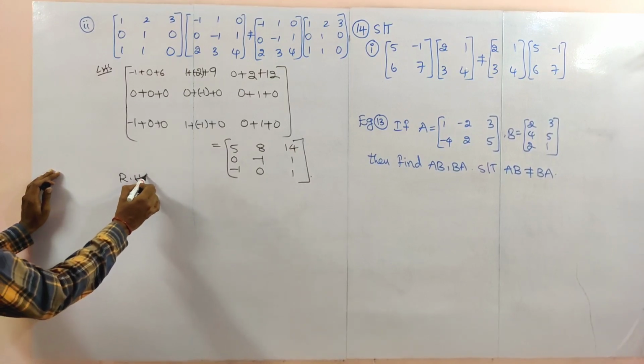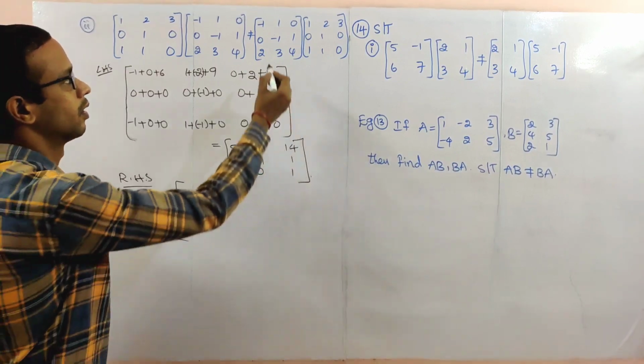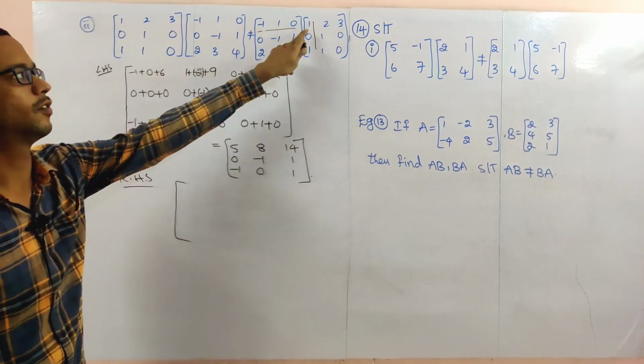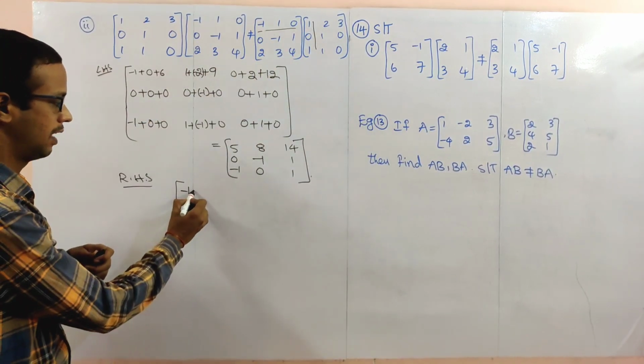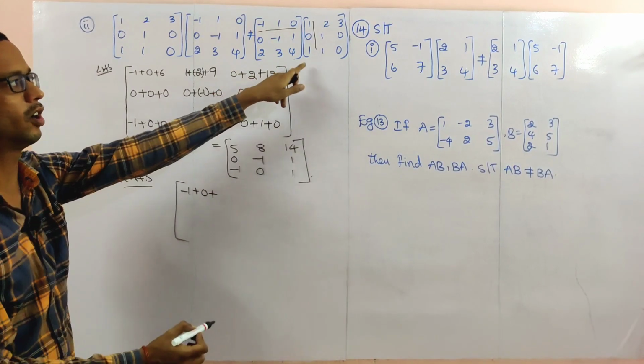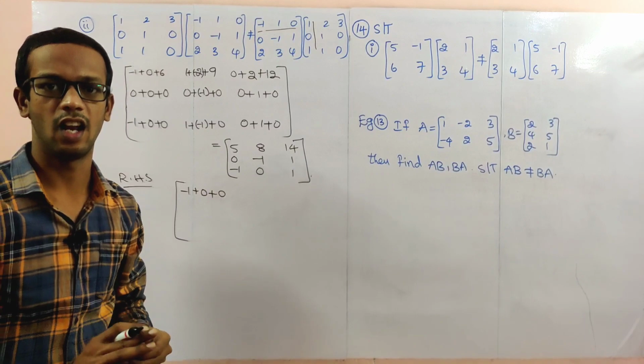RHS side, row by column multiply. This row and this column first. Minus 1 into 1 is minus 1, plus 1 into 0 is 0, plus 0 into 1 is 0. First row, first column completed.